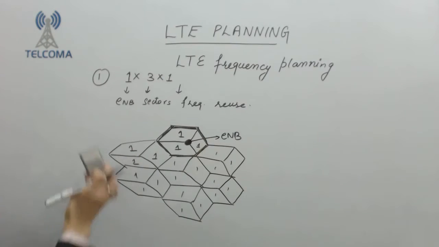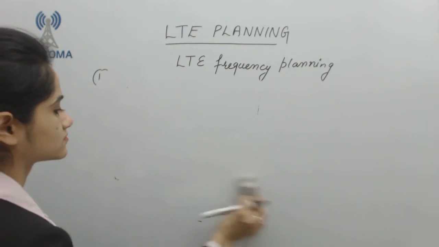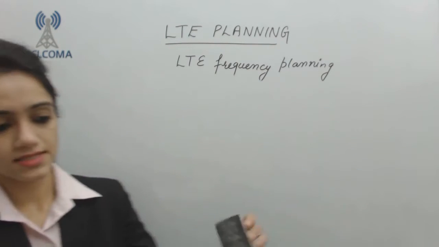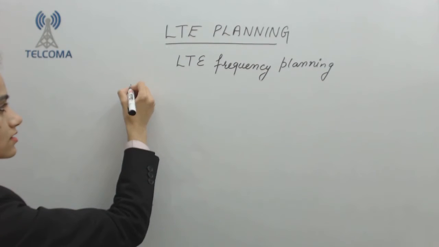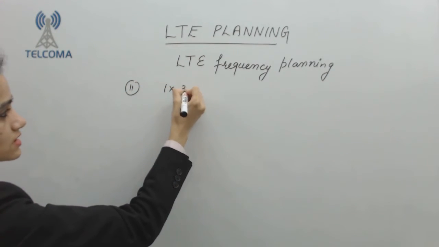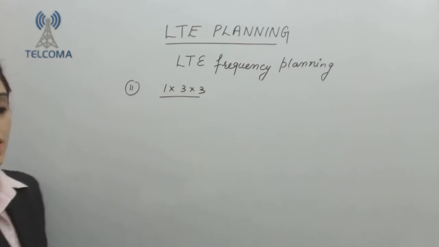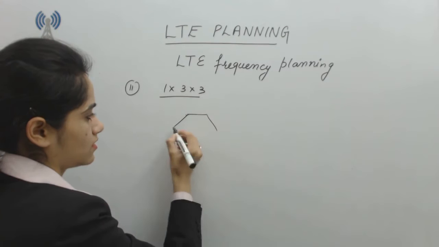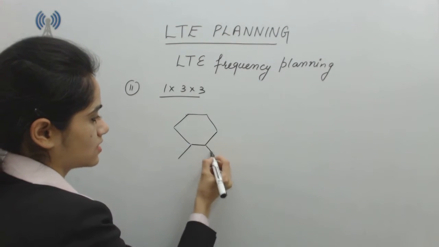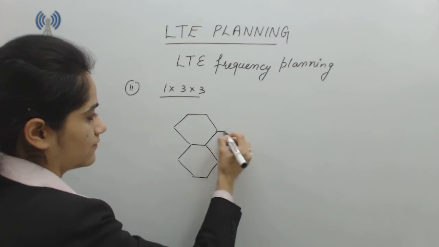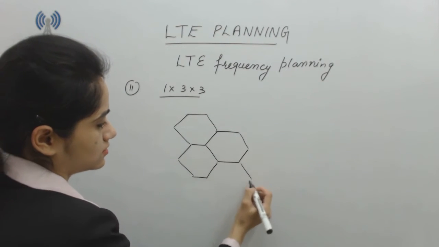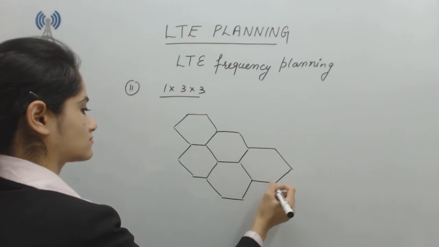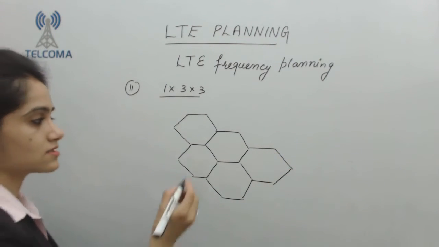Now the second mode is 1 cross 3 cross 3 mode. What is there in 1 cross 3 cross 3? Now we have 3 frequencies for reuse with 1 eNodeB. Again we need to specify 3 sectors.